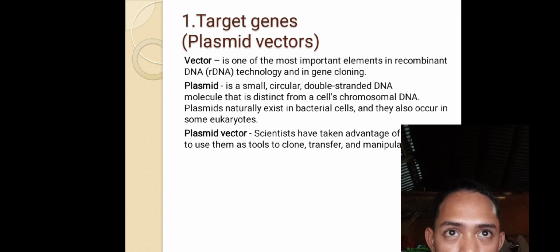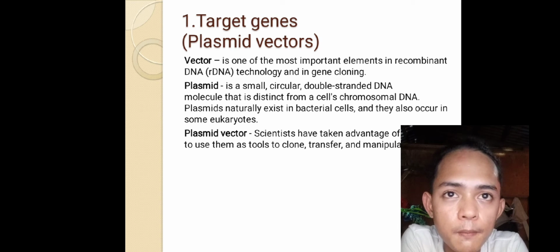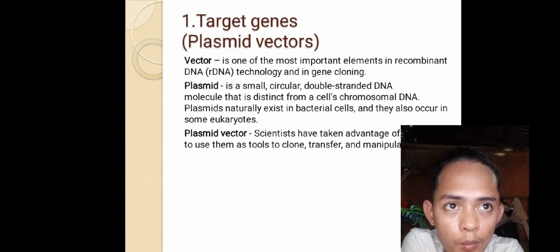For the expression of cloned DNA, the vector DNA should contain suitable control elements such as promoters, terminators, and ribosome binding sites. A plasmid is a small cellular double-stranded DNA molecule that is distinct from a cell's chromosomal DNA.